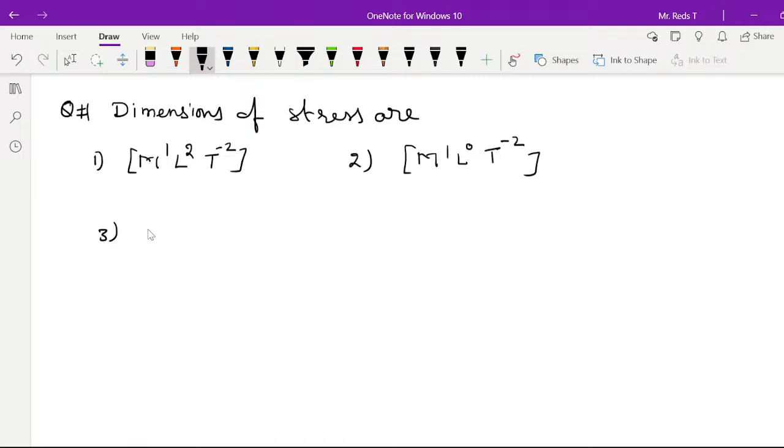M power 1, L power minus 1, M power 1, L power minus 1, T power minus 2.